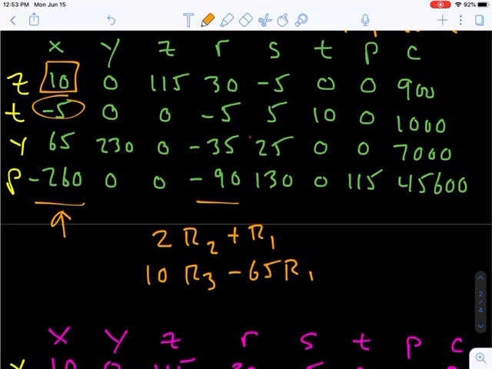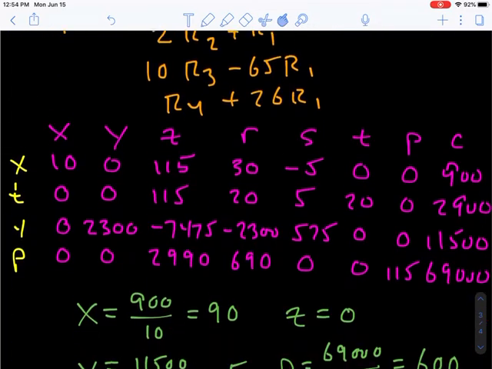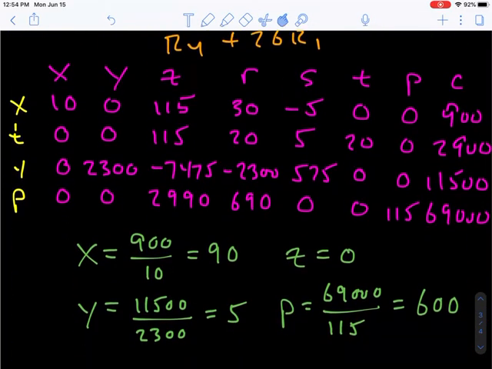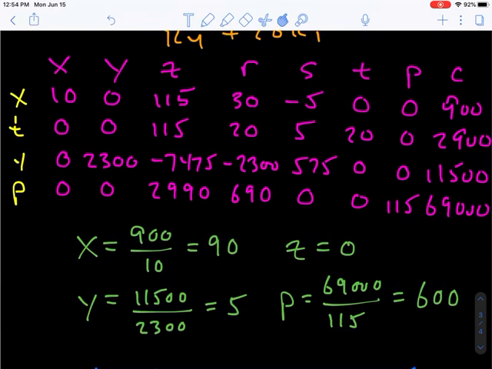And then for the last one, I would do row 4 plus 26 times row 1. So row 4 is negative 260 plus 26 times 10 is 260 would give me 0. So those row operations should clear our columns, and we should end up with this.